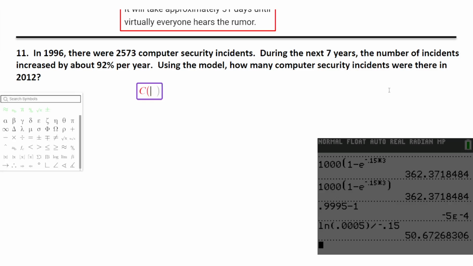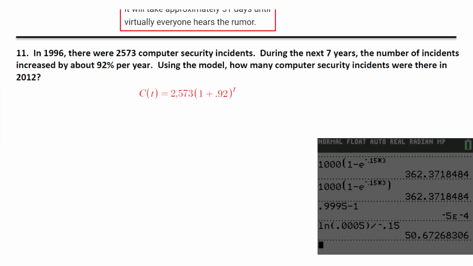I'm going to use C for computer security incidents, T for time, and it's going to equal the initial amount, which is 2,573, times 1 plus, because it's increasing by 92%, to the power of T, where T is in years since 1996.